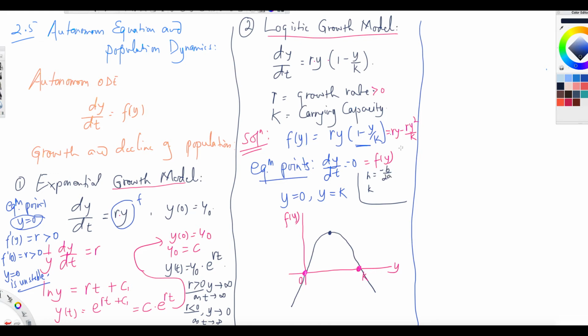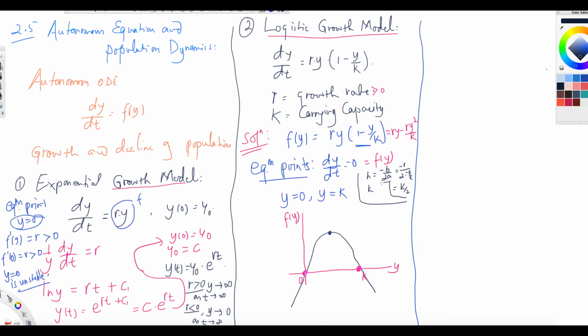What is b? b is r here, so negative r over 2 times a, which is negative r over k, right? So r and r cancel out, and you get positive k over 2. That's what you get for h.